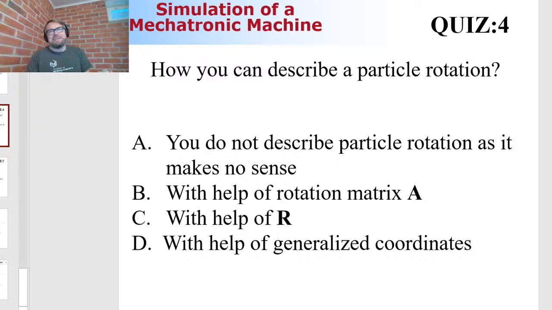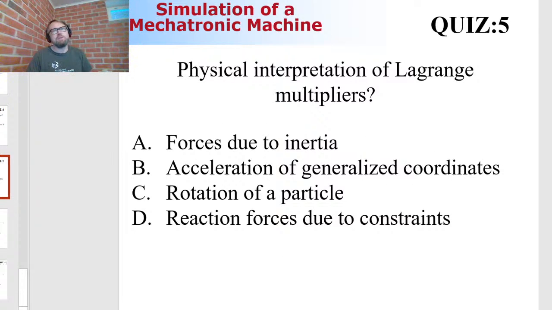So the final in-class quiz, and then I will attempt to explain multibody system dynamics to you in 10 minutes. Or was it 15? This is not easy. My last question is, what is the physical interpretation of Lagrange multipliers? This is exactly what you can find in the exam. A typical example.